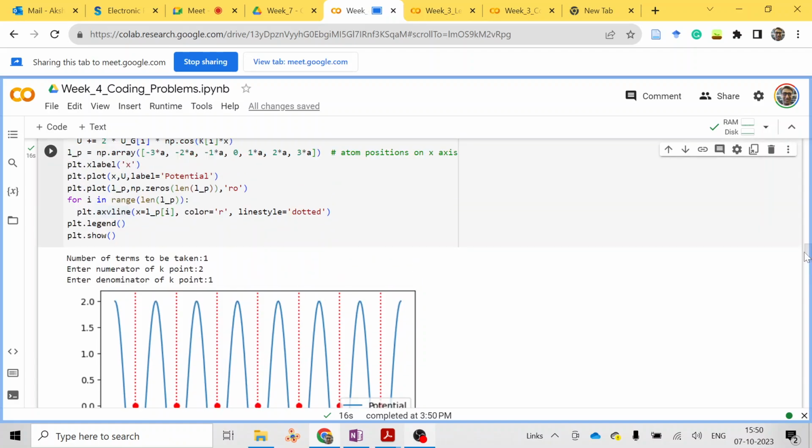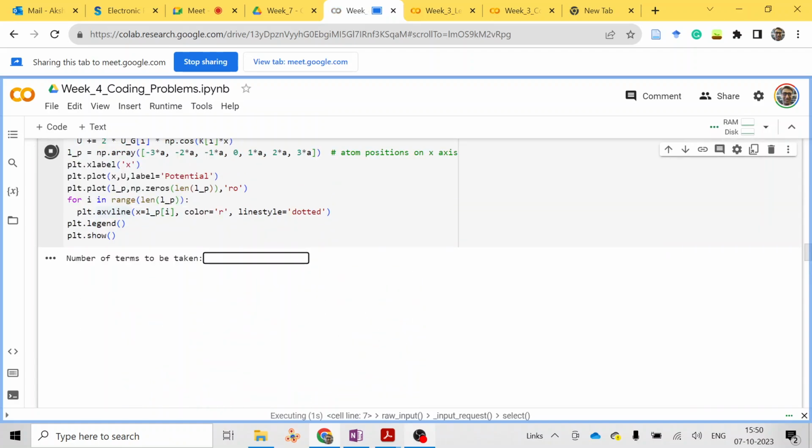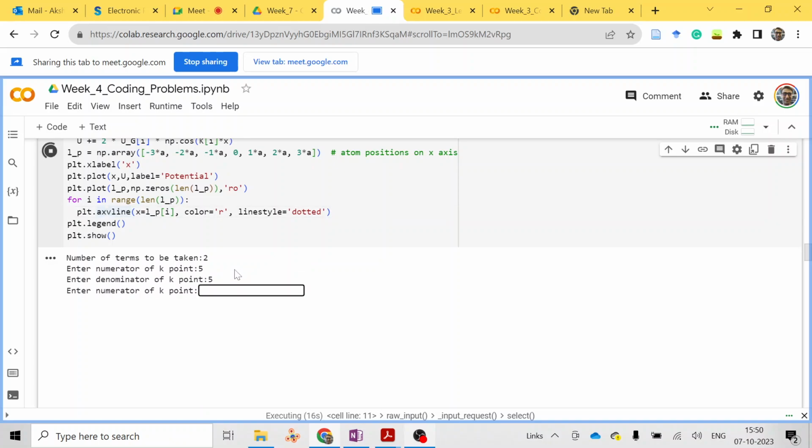Alright, now let's run this code again. Now for the B part, we have 2 terms, so I will take 2 terms. For the first term, I have to take 5 pi upon 5a, so let's go with numerator 5, and the denominator is also 5. Then for the next, I have to take 3 pi upon 5a, so numerator 3 and denominator 5.